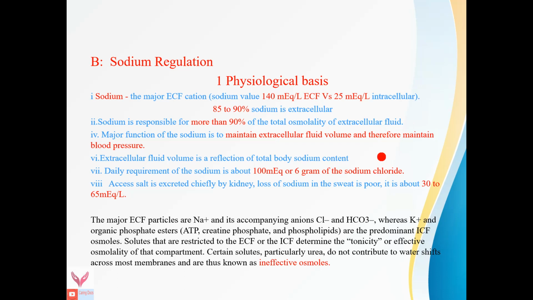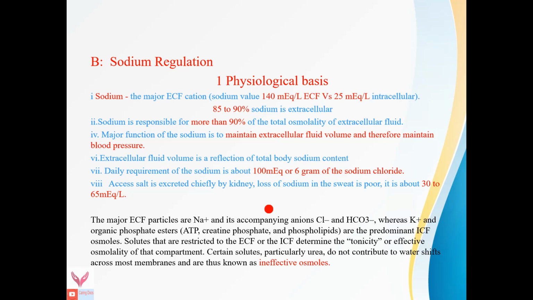The daily requirement of sodium is about 100 milliequivalent, or we can say 6 gram of sodium chloride. Whenever there is excess of sodium, it is chiefly excreted by the kidney, and some amount of sodium is also excreted in the sweat, but the quantity is about 30 to 65 milliequivalent per liter.